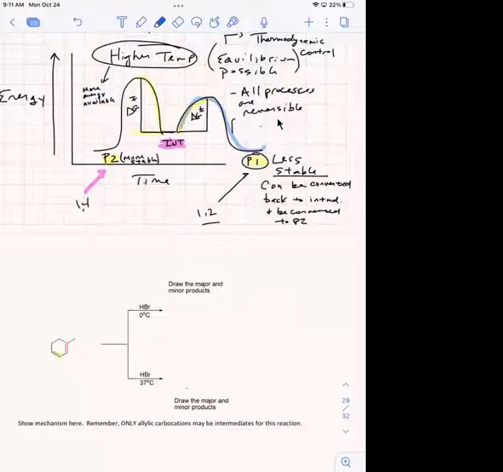You can go from product back to intermediate, and then, because there's more energy, you can get over the activation energy hump here and eventually get to your more stable product. That's how we are able, at higher temperatures, to take P1 and turn it into P2, because it can go from P1 back to the intermediate, and then from the intermediate to P2.